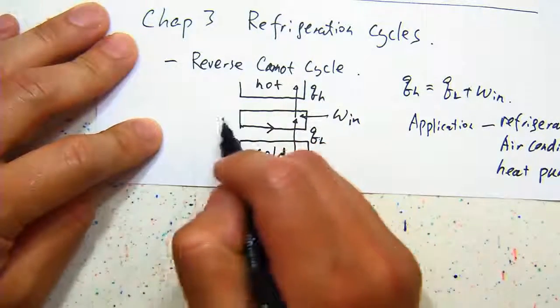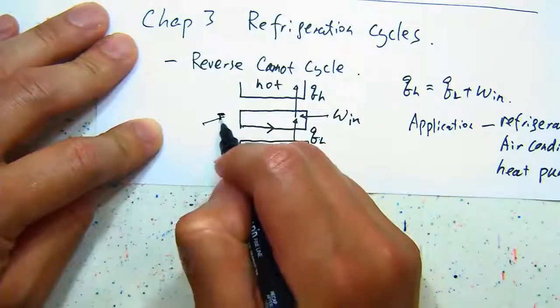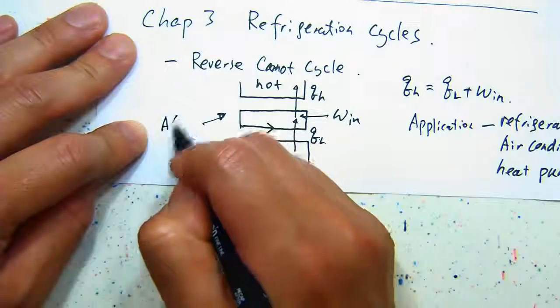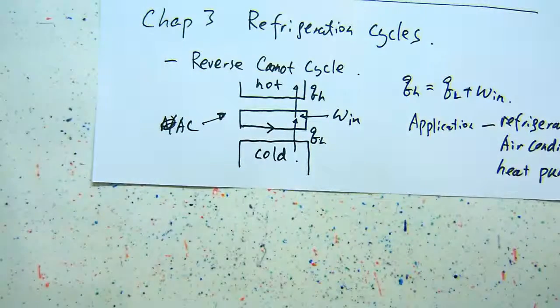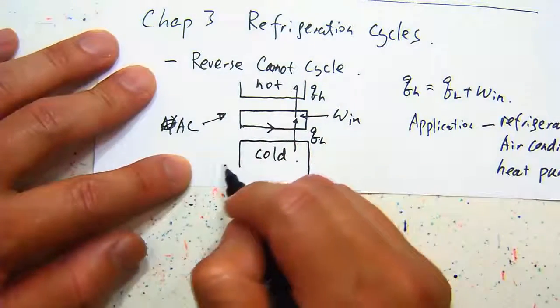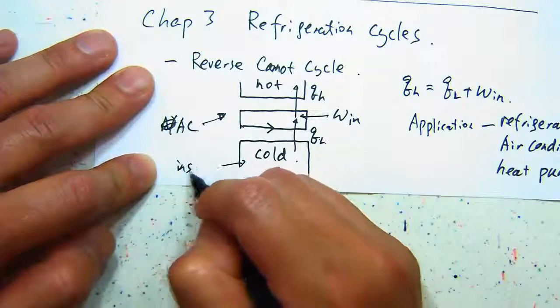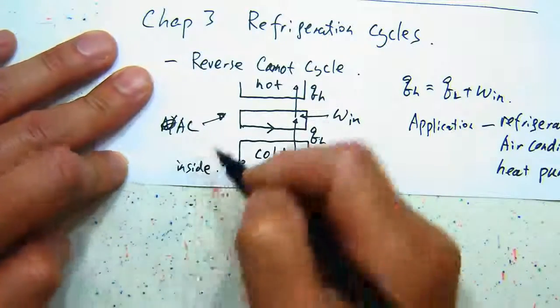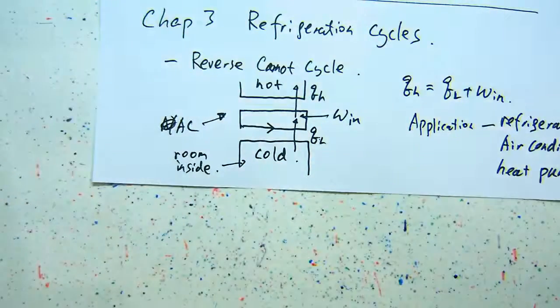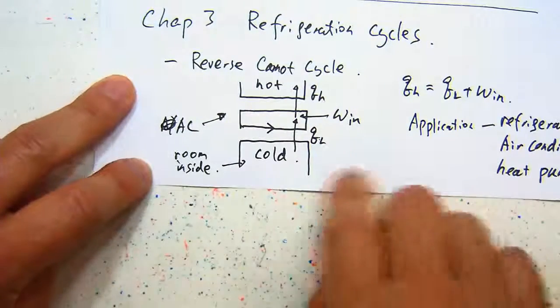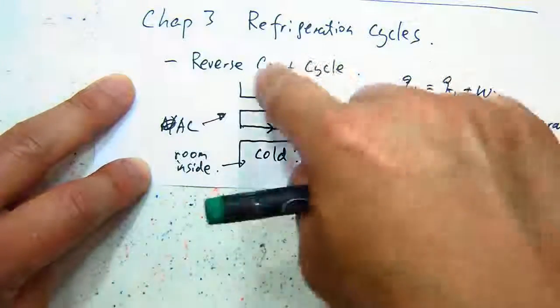So if you consider this cycle is running as AC, which means you have this is your inside, or I should say the room inside. All right. So that's the space that you want to cool.